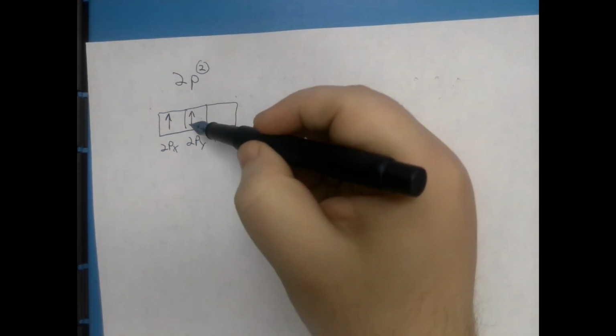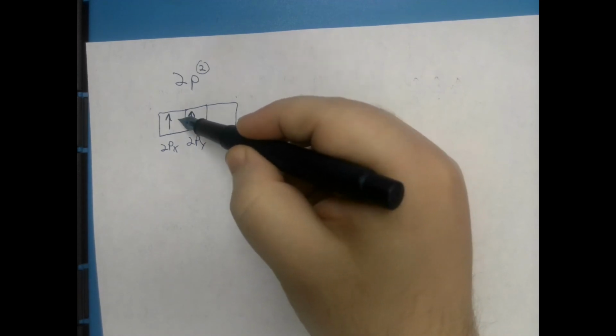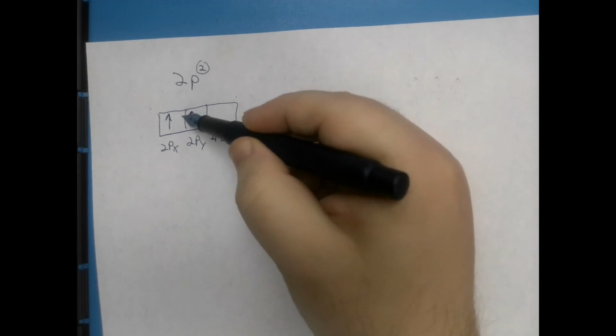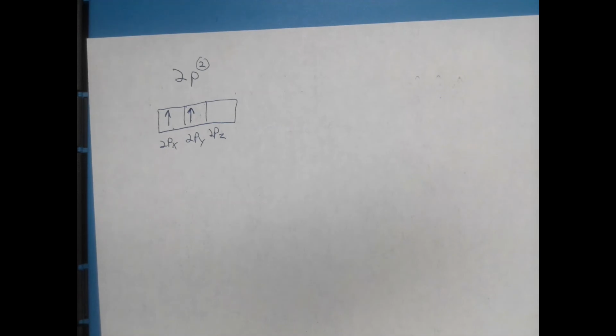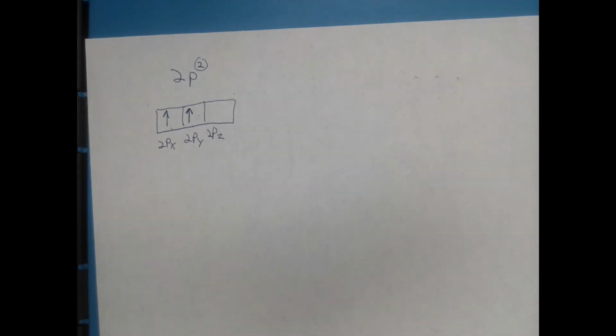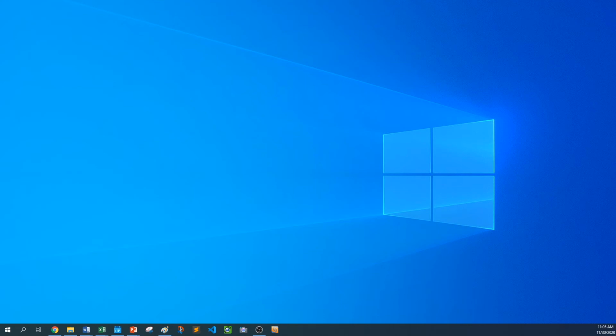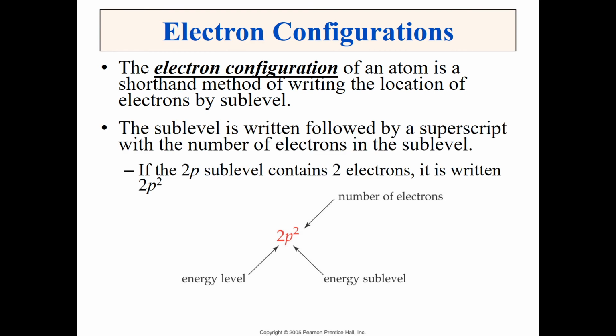And according to Pauli exclusion and Hund's rule, we would maximize the amount of same spin, and so we would have them go into these orbitals like this. So the shorthand only uses subshells, while the longhand version actually writes out the individual orbitals.